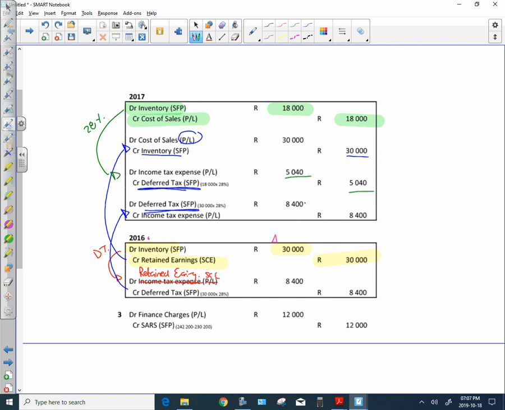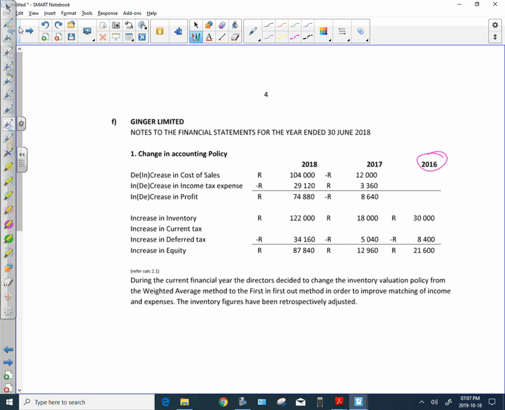My inventory balance increased by 30,000 and my deferred tax liability increased by 8,400. So looking at my disclosure, there was an increase in inventory of 30,000 and an increase in deferred tax liability of 8,400. Everybody happy there?